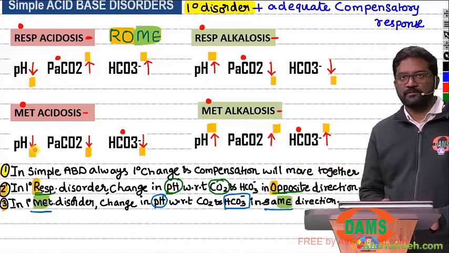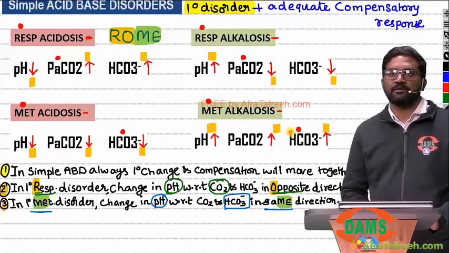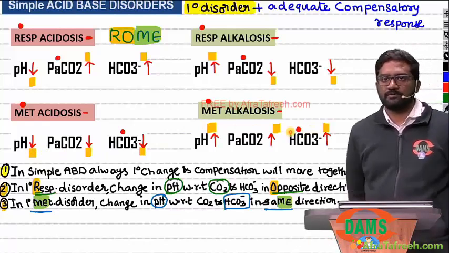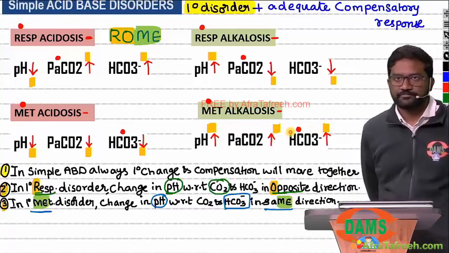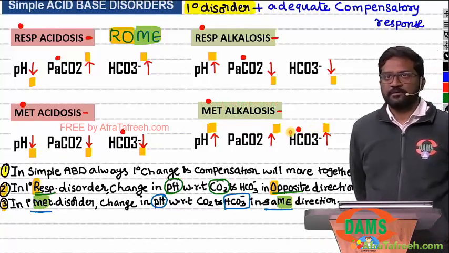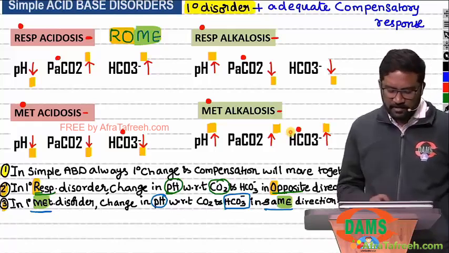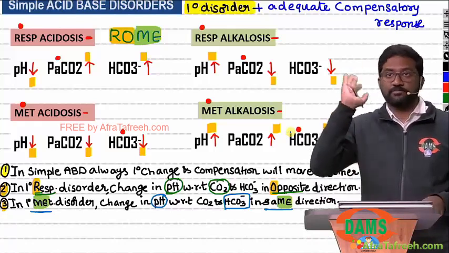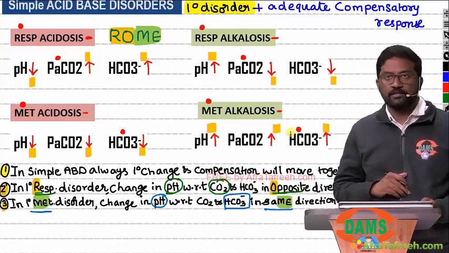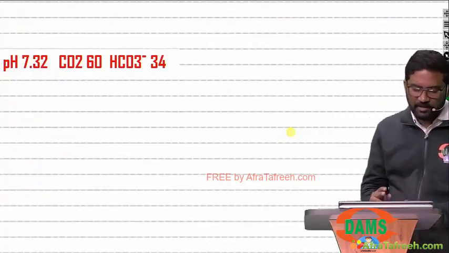If you do some questions, you can understand this better. Even if you don't know any ABG knowledge, just write down the parameters, draw arrow marks, and 70% of the job is done. Whenever they give you any ABG parameters, first draw arrow marks.